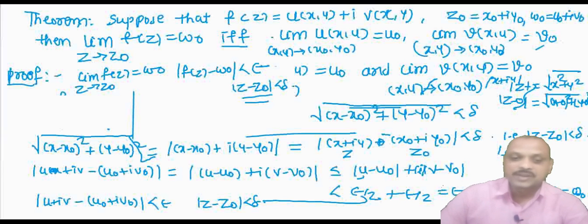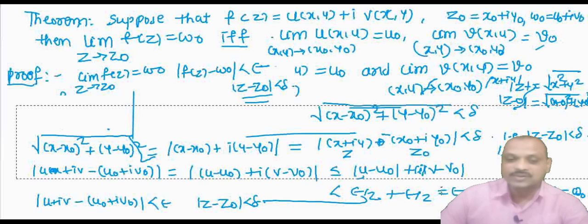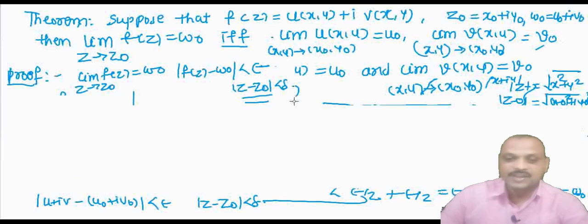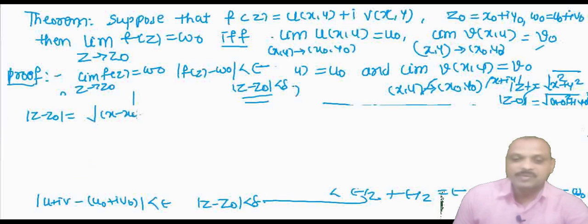We do not like to repeat this part, so we will omit it and directly write that mod of z minus z0 is the square root of (x minus x0) whole squared plus (y minus y0) whole squared, which is less than delta.